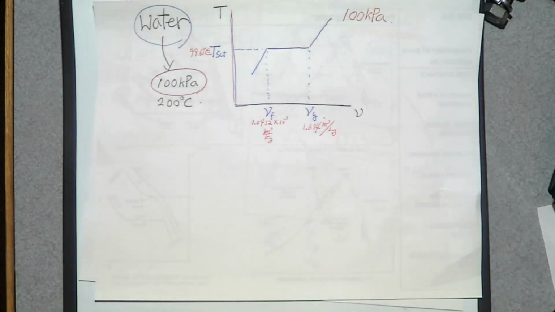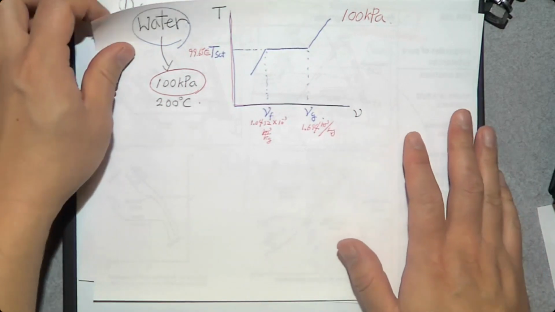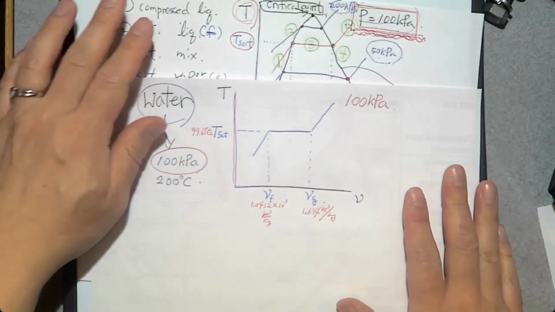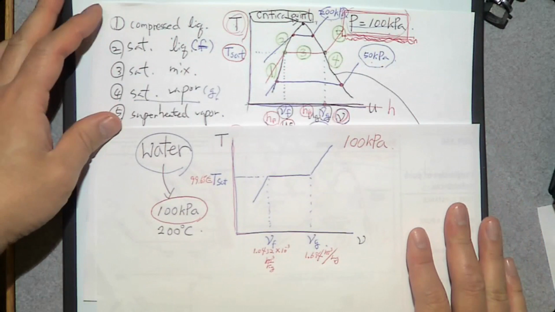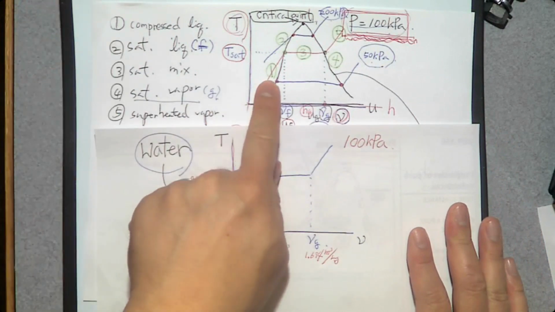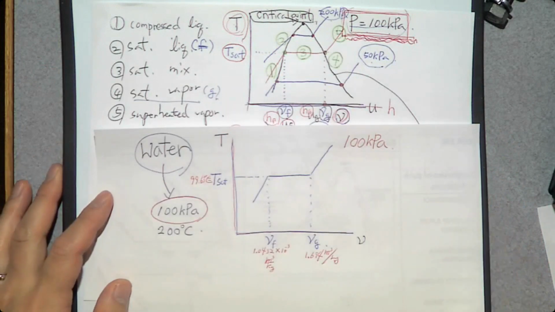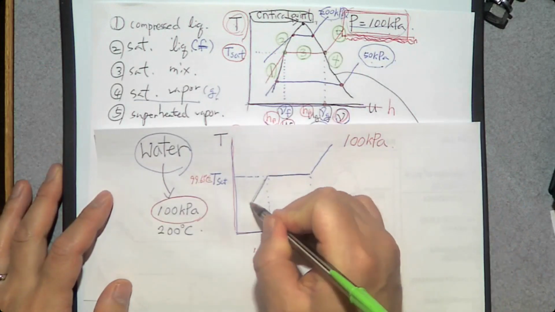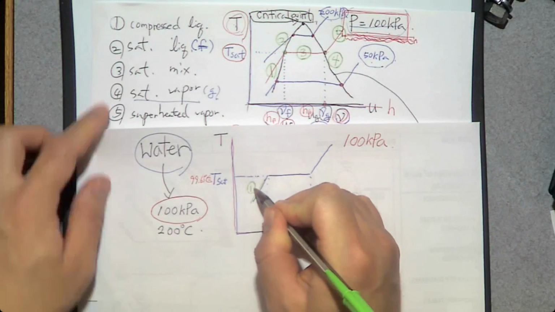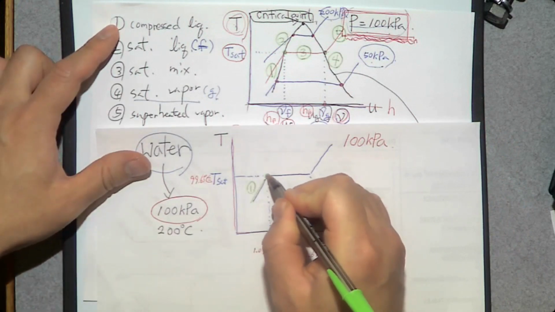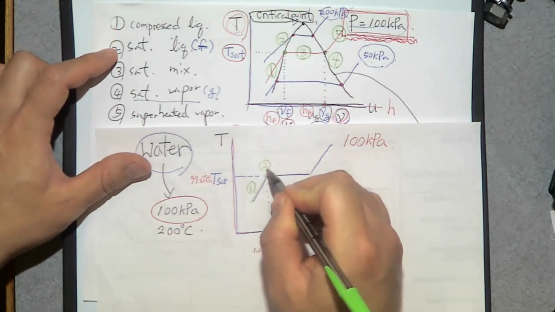Once you make the TV diagram, we need to see where the compressed liquid, saturated liquid, and those 5 phase change processes are. You can see the numbers here, 1, 2, 3, 4, 5. So I'm going to write, this line represents number 1, compressed liquid. This point represents number 2, saturated liquid.